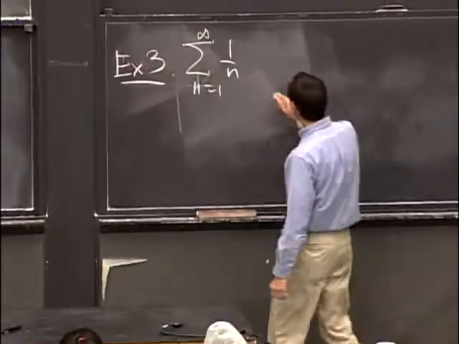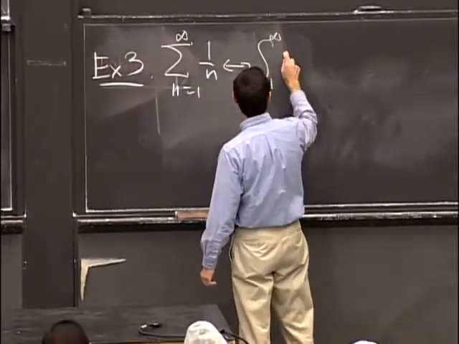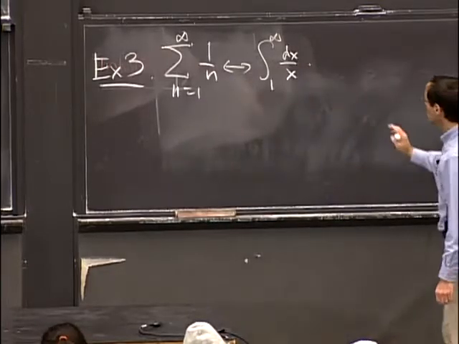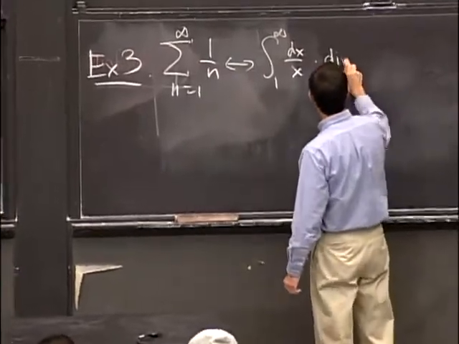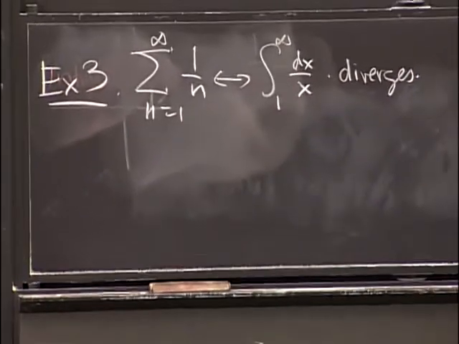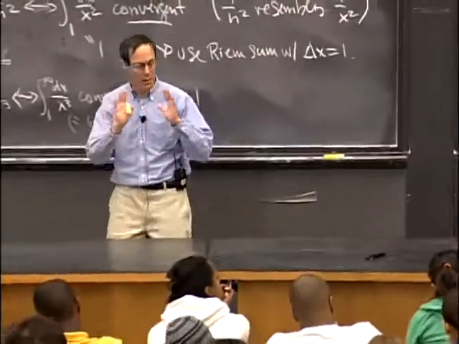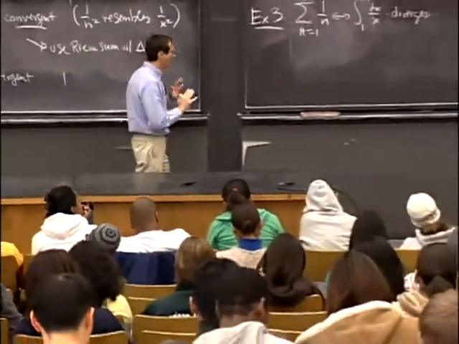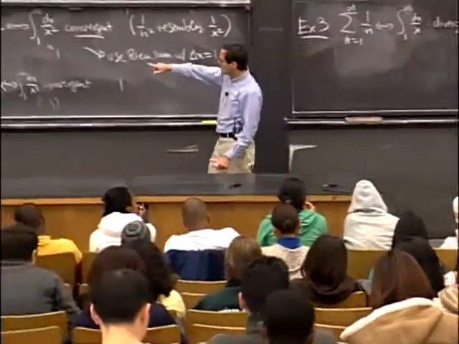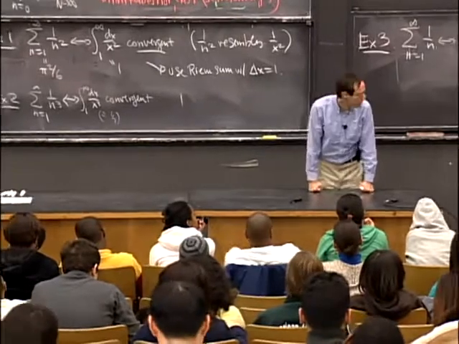And what we're now going to see is that it corresponds to this integral here. And we're going to show, therefore, that this thing diverges. But we're going to do this more carefully. We're going to do this in some detail so that you see what the correspondence is between these quantities. And the same sort of reasoning applies to these other examples.